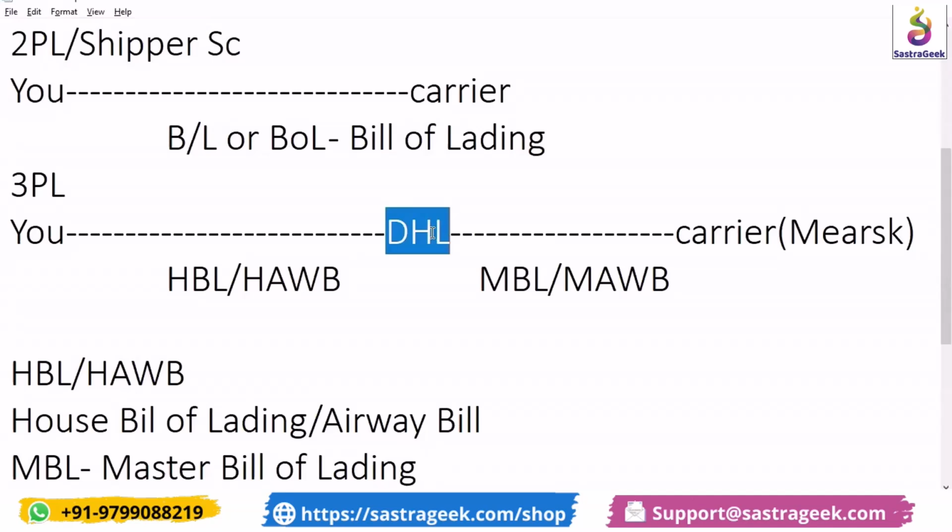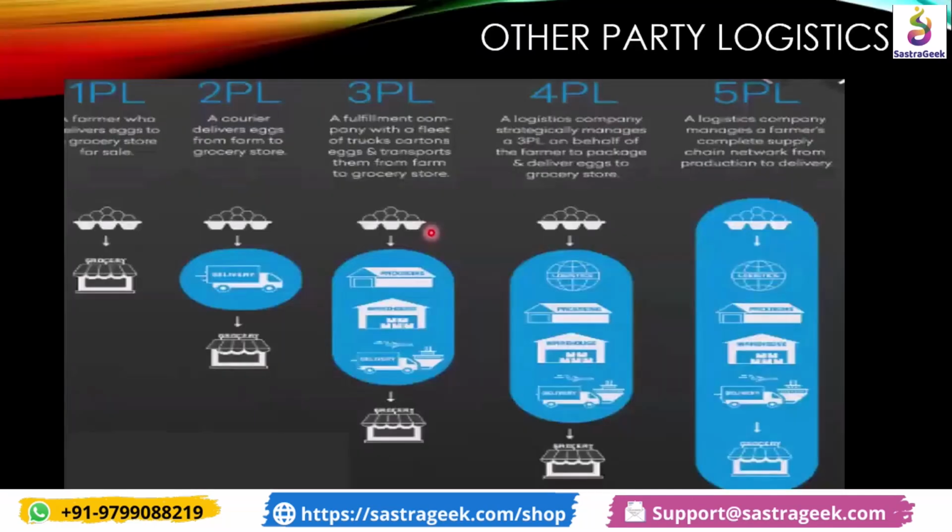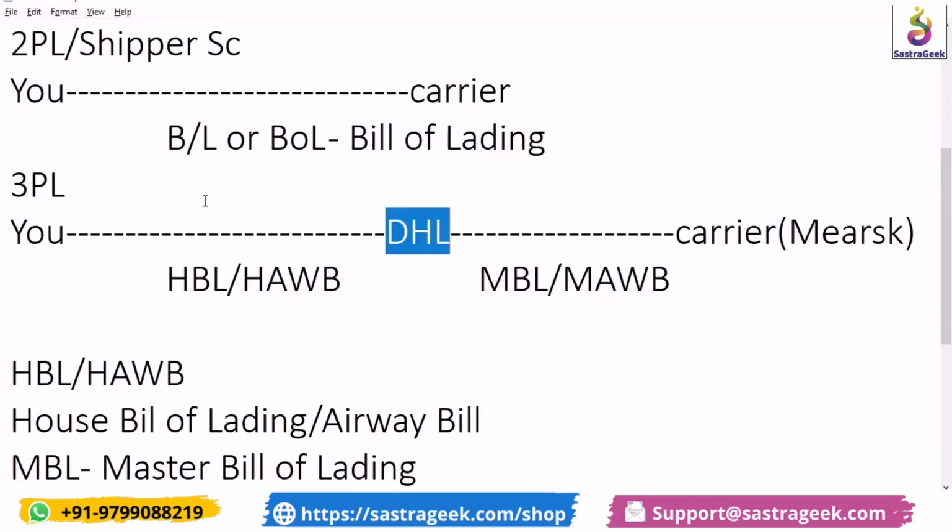Hence, the existence of 3PLs came into the picture. And apart from these services, to stand apart in the market, they come up with many more additional services like fumigation, sanitization, warehousing, security, clearances, you name it, they give it basically. And that is the purpose of these 3PLs coming into the picture, to make our lives easy.